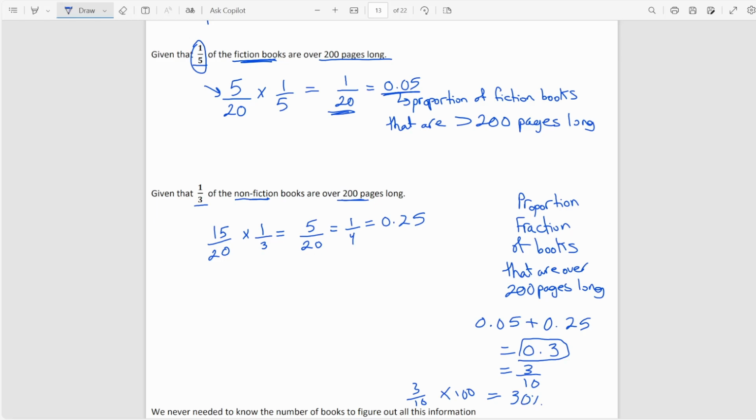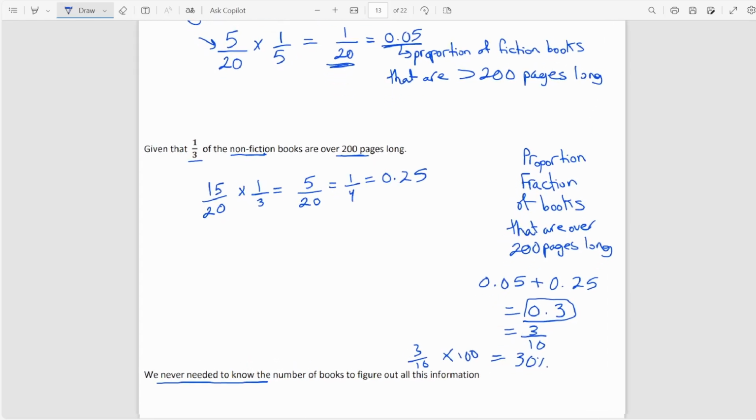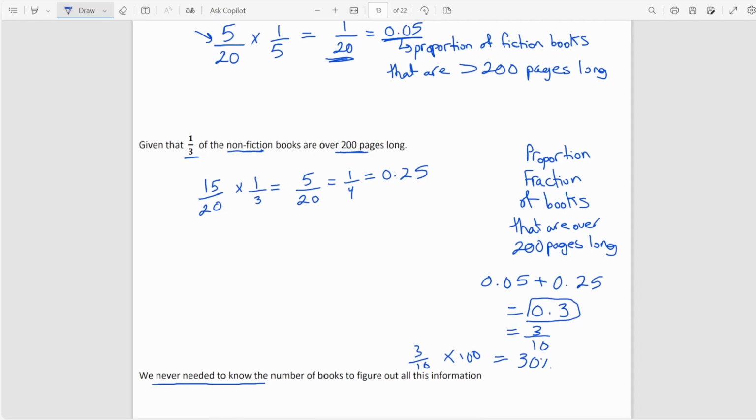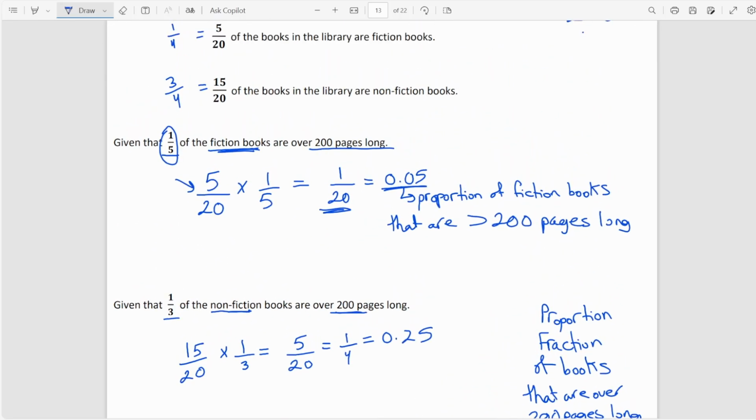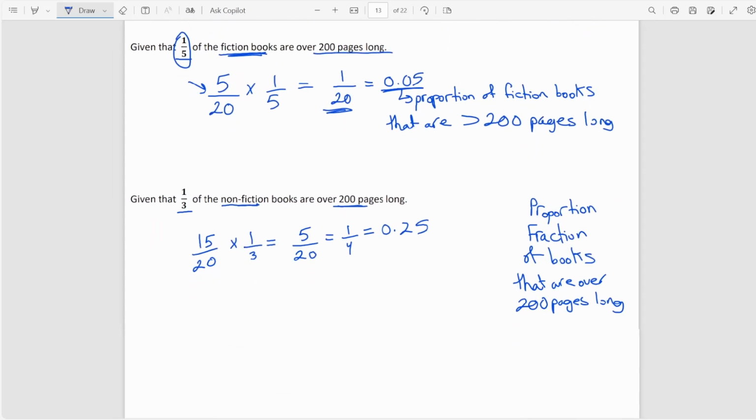Okay, so again, 30% of all my books are over 200 pages long. Okay, I need to understand that we never needed to know the number of books to figure out all of this information. Okay, so we only worked with abstract percentages. Okay, and it worked just fine.